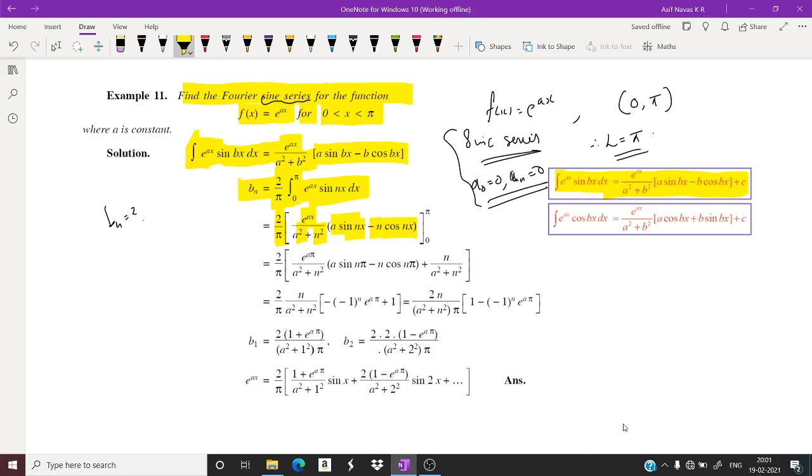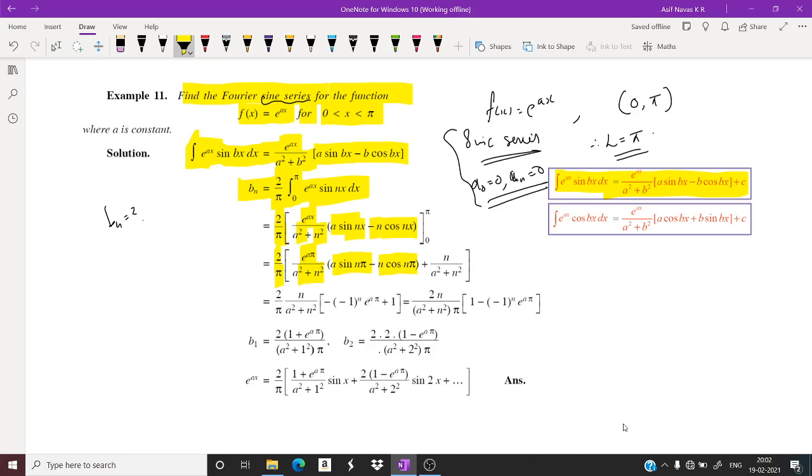Then we will apply the limits. If I put the limit pi, you will get 2 by pi e raised to a pi by a square plus n square into a sin n pi minus n cos n pi, minus the value at the limit 0.